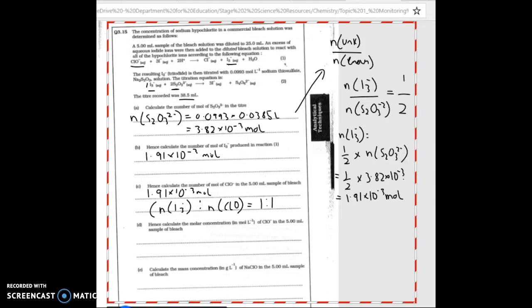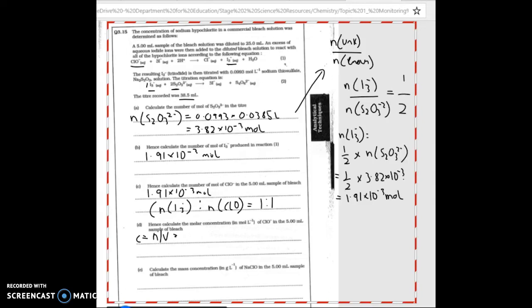Okay, part D. Hence calculate the molar concentration in moles per litre of ClO in the 5 ml sample of bleach. Here we use our molar concentration, so it's the number of moles over volume.